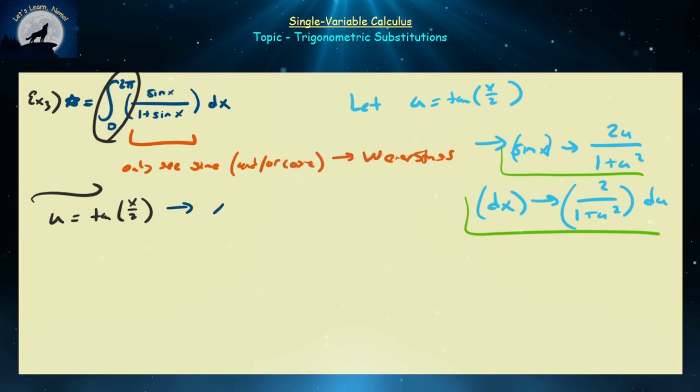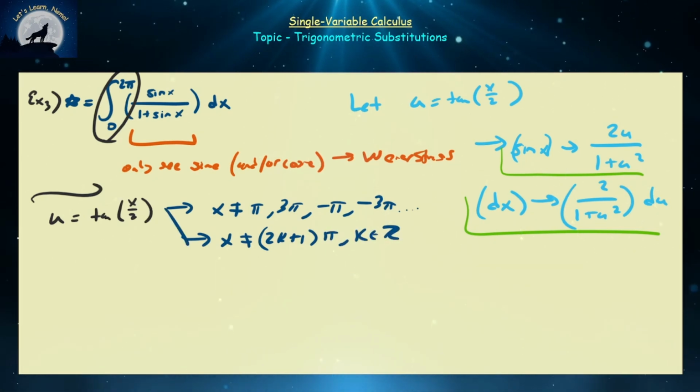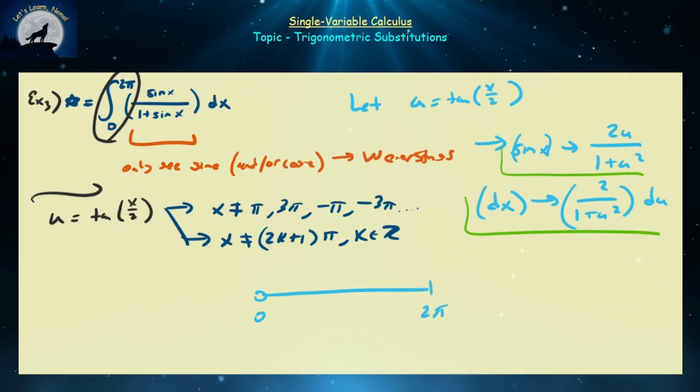So you clearly can see that x cannot be equal to pi, 3 pi, minus 3 pi, and so on. And generally speaking, x cannot be equal to (2k plus 1) pi, where k is an integer. And if that's the case, keep in mind we're going from 0 to 2 pi, and pi is in the middle, and pi is a bad point.